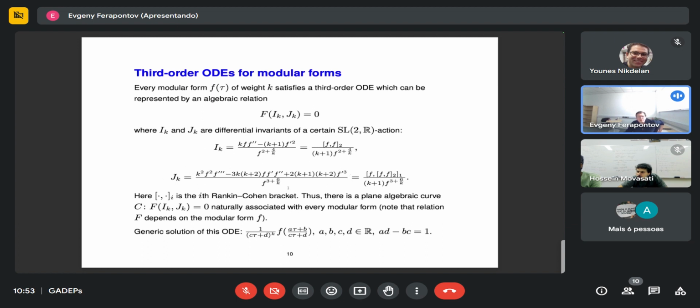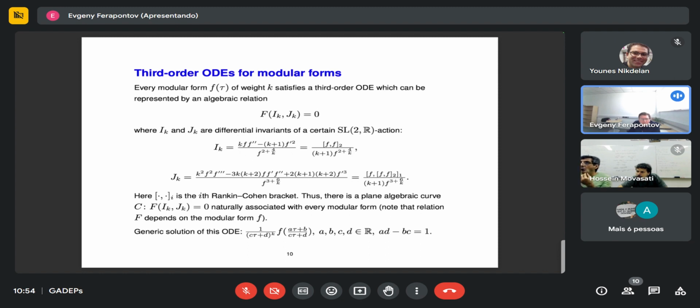So let's look at these expressions, how they were constructed. These are the simplest differential invariants of the corresponding SL(2,R) action, right? So it's straightforward to construct them. There is a general recipe for how to construct differential invariants of a Lie group. So this is a second order differential invariant.